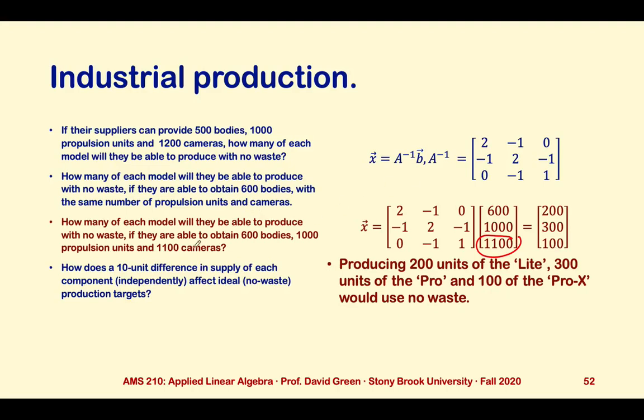If they have 100 fewer cameras available, the right solution is to transfer 100 units of production from the Pro X into the Pro, and that will satisfy all of the equations. Right? These were some examples with final targets in place, where we resolve the problem and then see what happens.